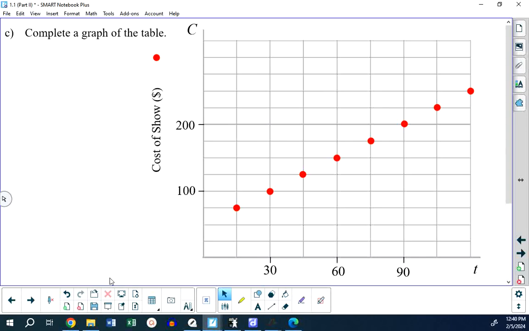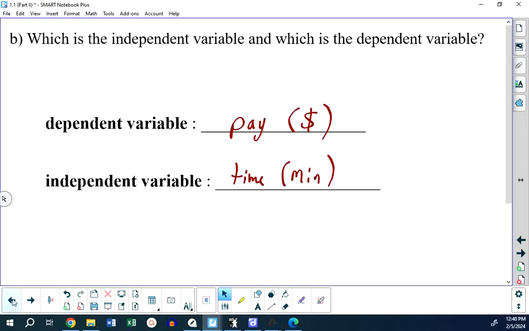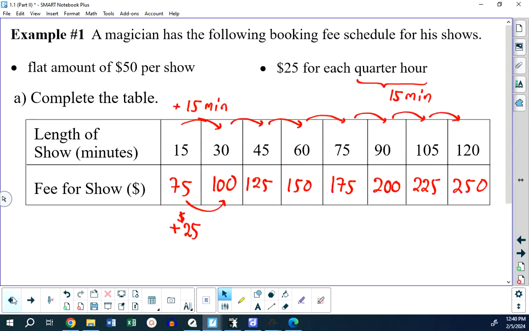If he has a show for, let's say, 68 minutes, he's going to charge $175. It's more than 60, so he's there for at least the next 15. We're always going to be charging based on clumps of 15 minutes.